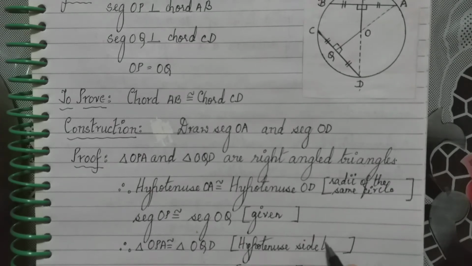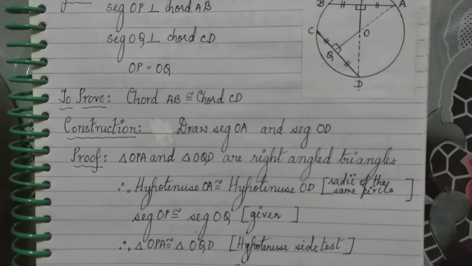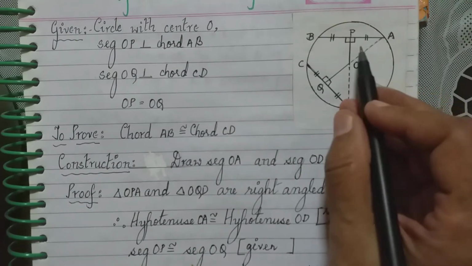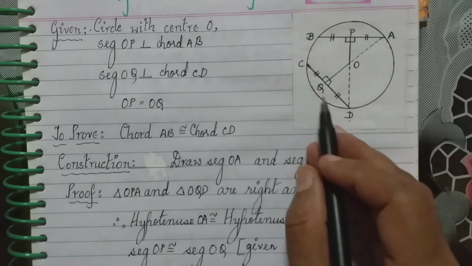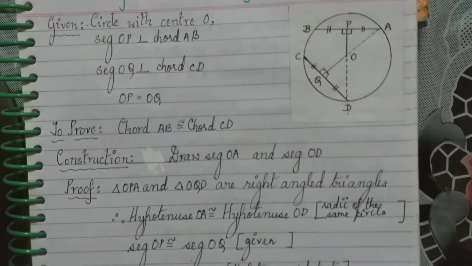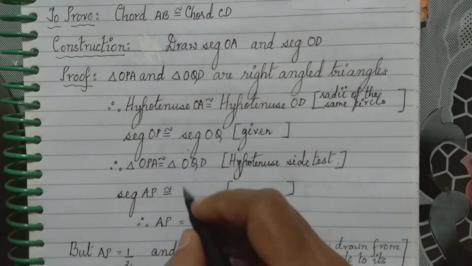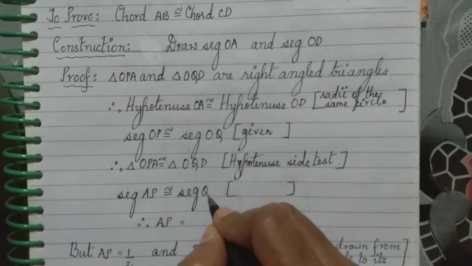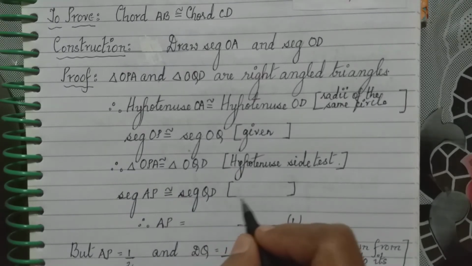Now, if they are congruent by the hypotenuse side test, then we can also say that segment AP is congruent to segment QD. Right? So, I write here segment AP is congruent to segment QD. And how do I know this?